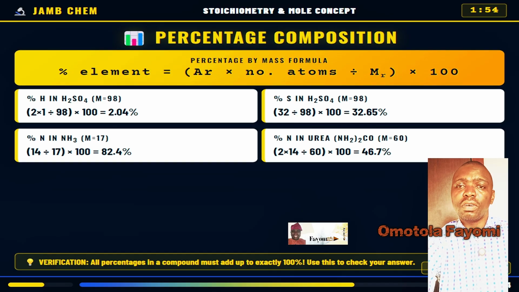That's 82.4%. Urea, the fertilizer that we used, with formula (NH2)2CO, has molar mass of 60. Percentage of nitrogen is 2 times 14 over 60 times 100. That's 46.7%. JAMB loves urea and fertilizer questions. And this is a tip that you need to know. Always check your answer by verifying all percentages add up to 100%.